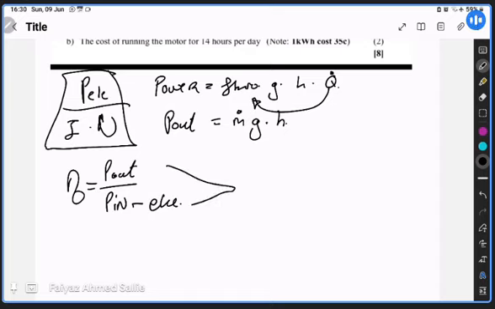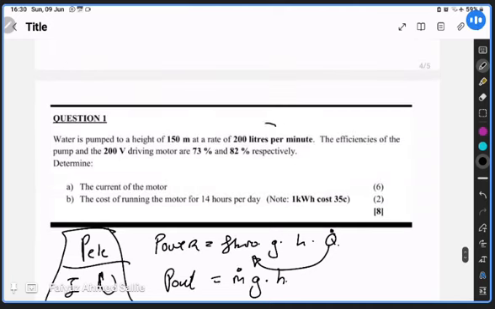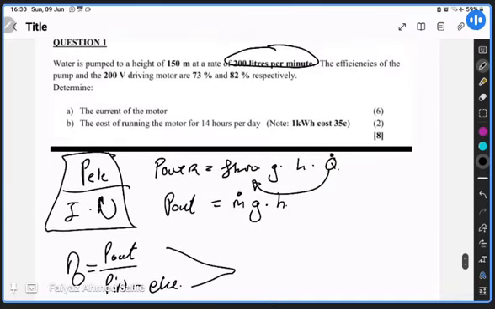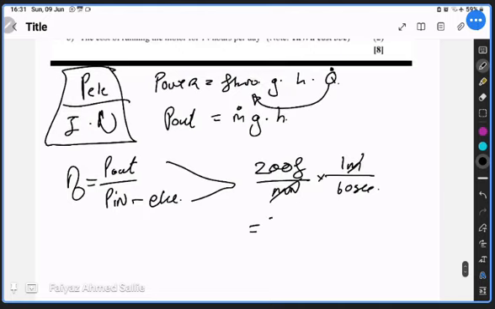To solve this equation, we first convert liters per minute to liters per second. We have 200 liters per minute multiplied by 1 minute over 60 seconds, so the minutes cancel, and m is equal to 200 over 60 liters per second.